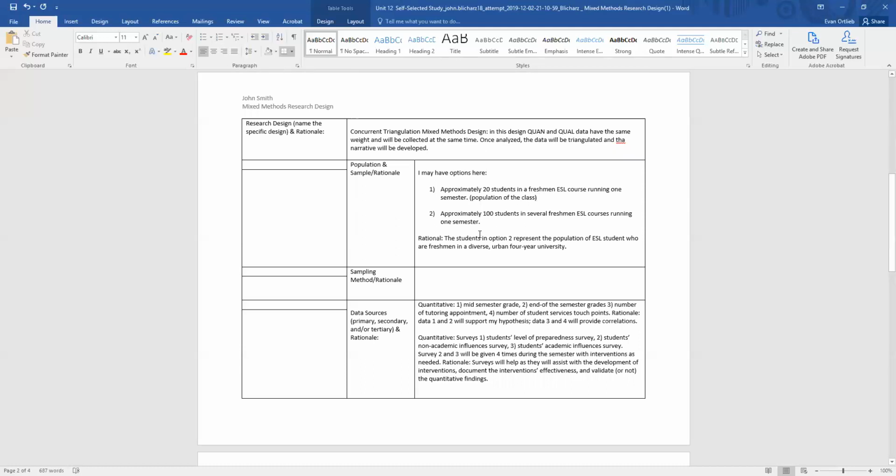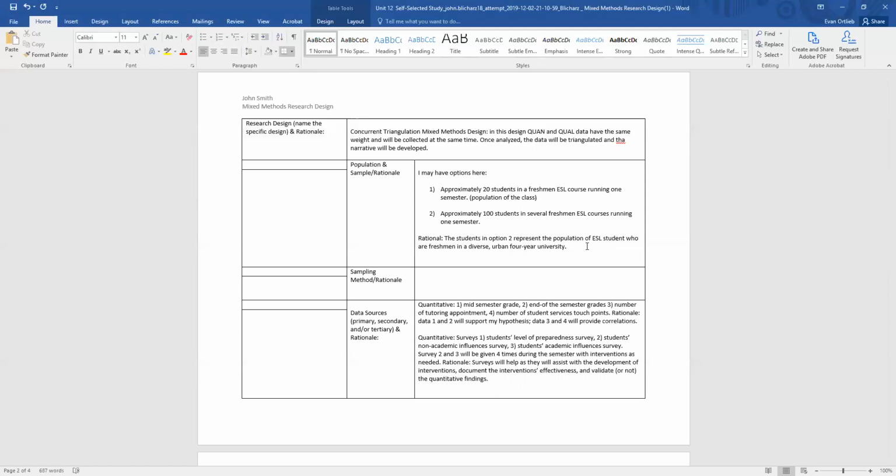Secondly, approximately 100 students in this course. So he's saying you could either do 20 students from the larger group or 100, take everybody. Now I understand what he means by that. And if he uses option 2, he could represent the population of ESL students at this particular university.